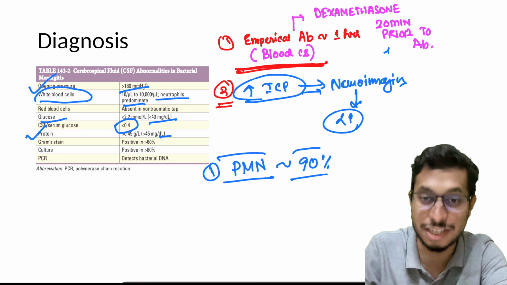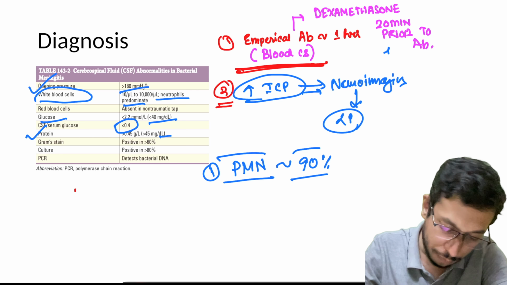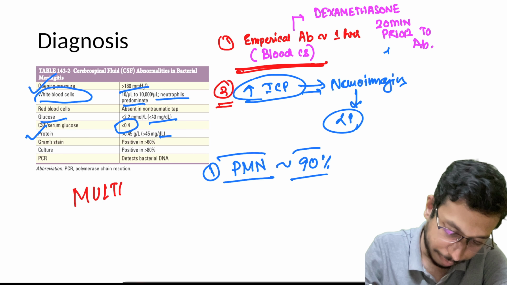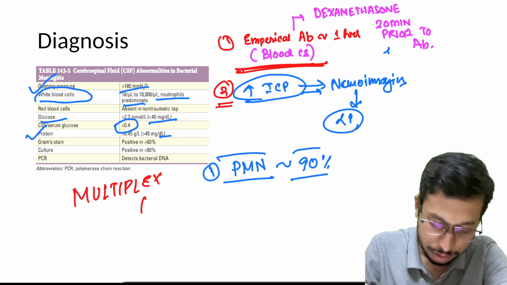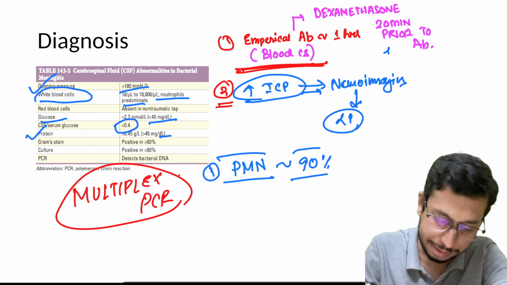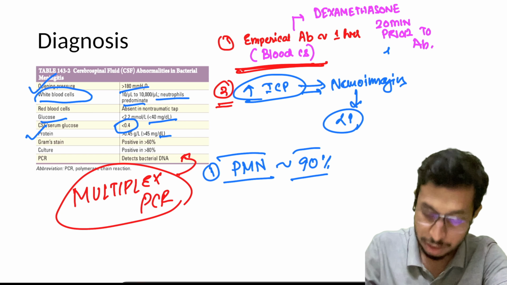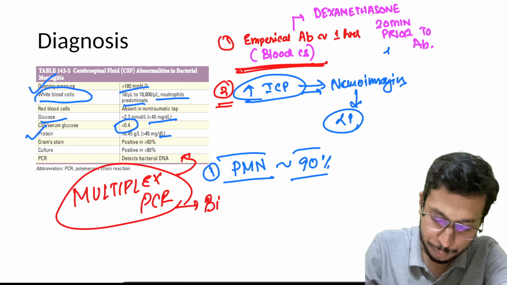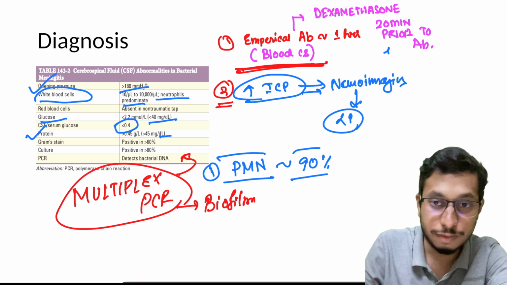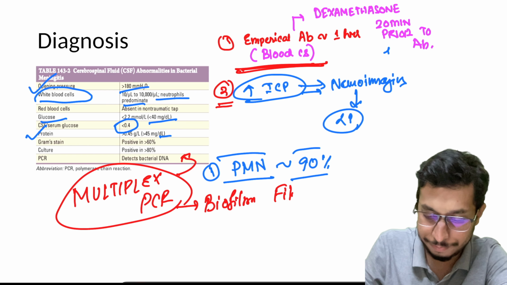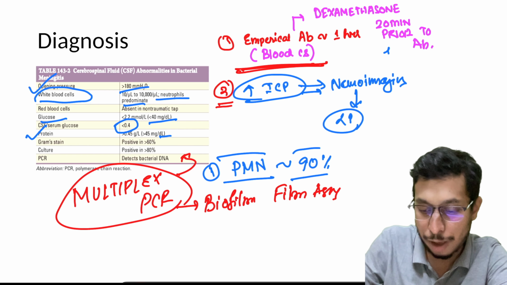We have developed an advanced diagnostic test in the form of multiplex PCR. This multiplex PCR detects the bacterial DNA. It is also given the name of film array or biofire.